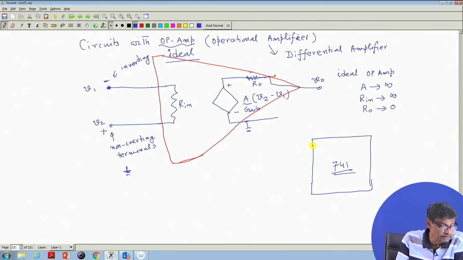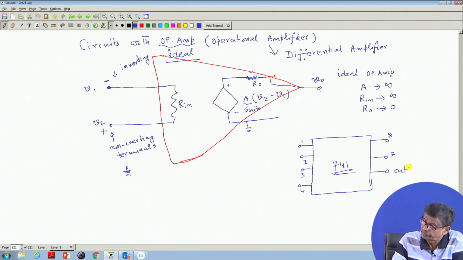The terminals are 1, 2, 3, and then 4, and here it will be 8, 7 and 6. It is this terminal 6 where the output is collected.